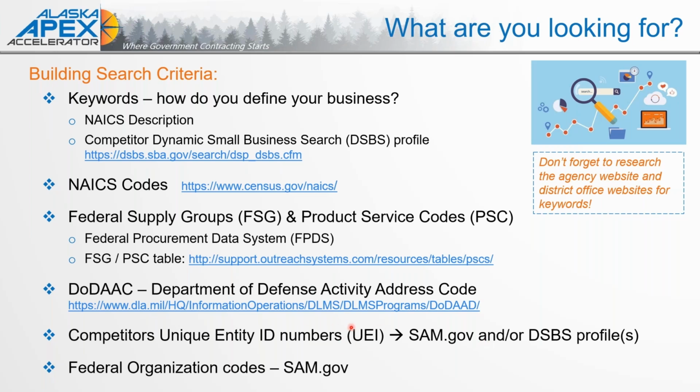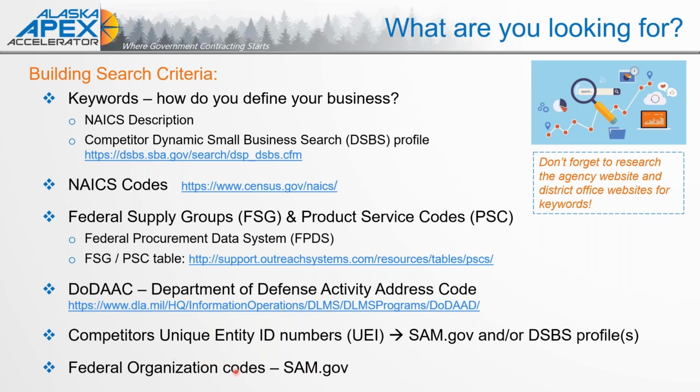And if we have their UEI, we can even go into the Federal Procurement Data System and see what codes they have received contracts under. And we'll see more of that when we talk about the search examples. And of course, the federal organization codes in SAM are really helpful to use as well.